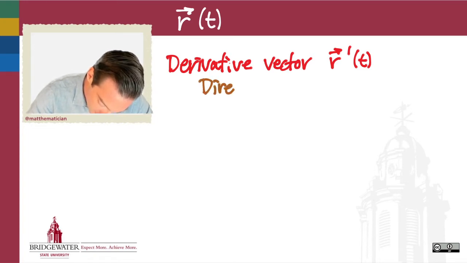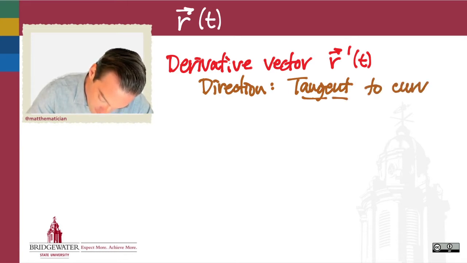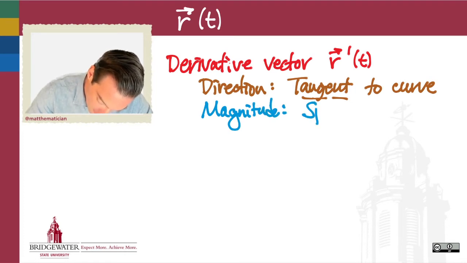The direction of this derivative vector gives us a tangent to the parameterized curve. And its norm, its magnitude, is a scalar quantity that we call the speed of the curve, or the speed of the parameterization.